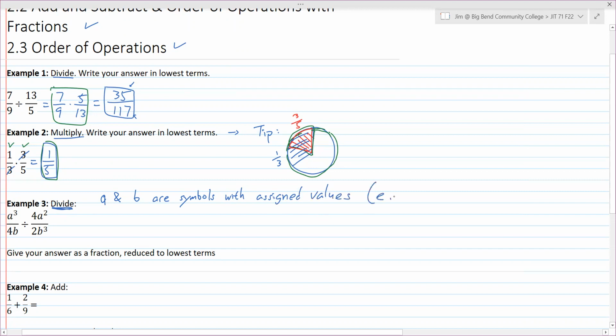For example, I'm making this up, A can be 2 and B can be -3, etc.